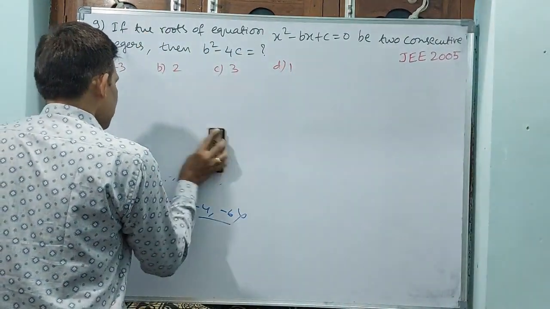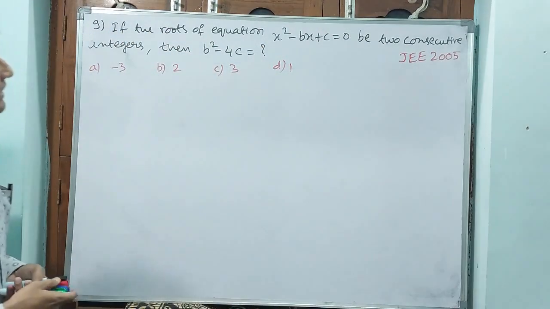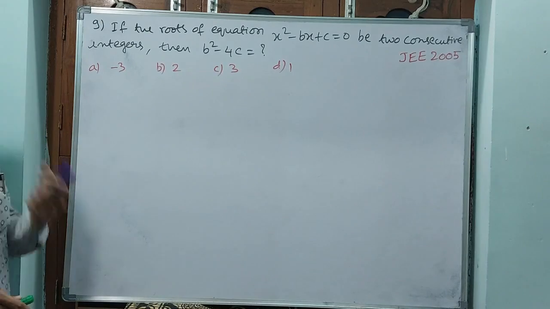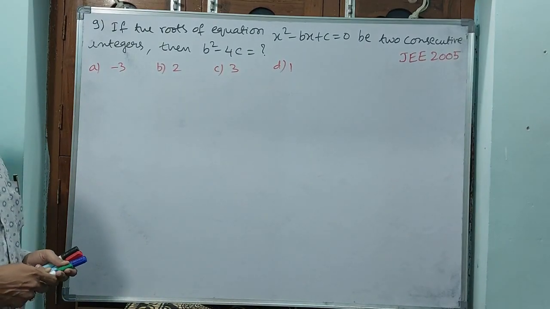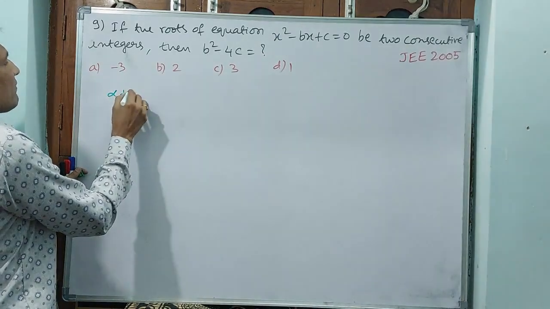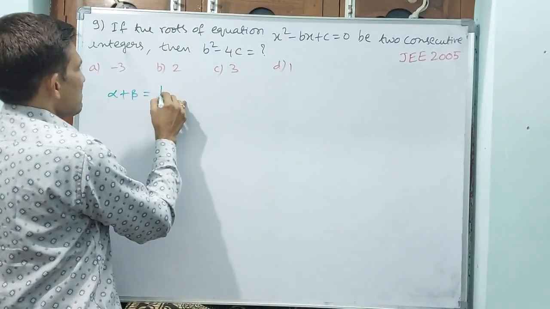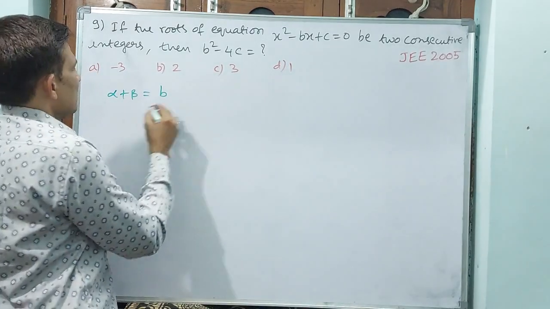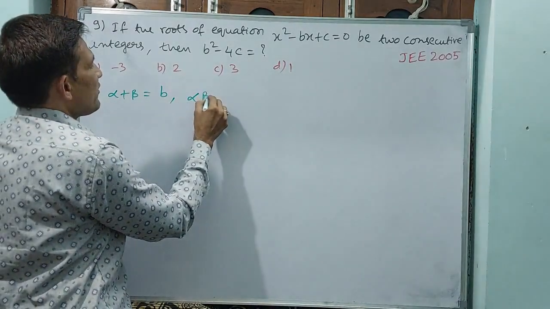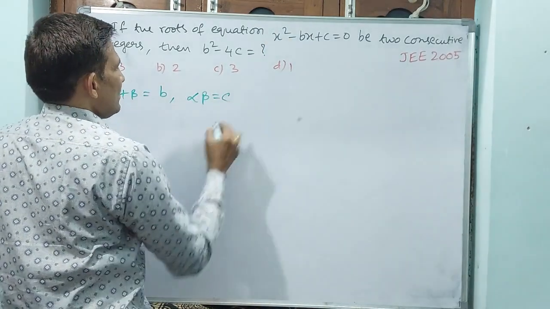Now, go for the question. What they are asking is the roots of the equation are consecutive integers. First, you write down what the roots are. Alpha plus beta is equal to minus of minus b by 1. Then alpha into beta is c by 1, c.